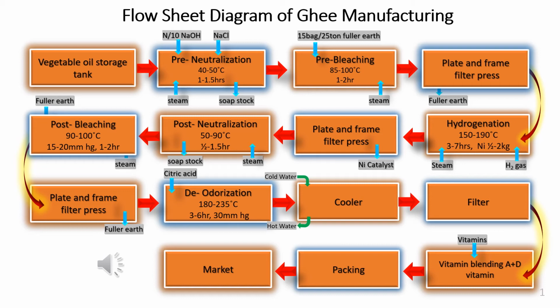In the post-bleaching section, we provide the fuller earth to the oil. This process takes about 90 to 100 degrees centigrade of temperature and a pressure of about 15 to 20 millimeter of mercury.